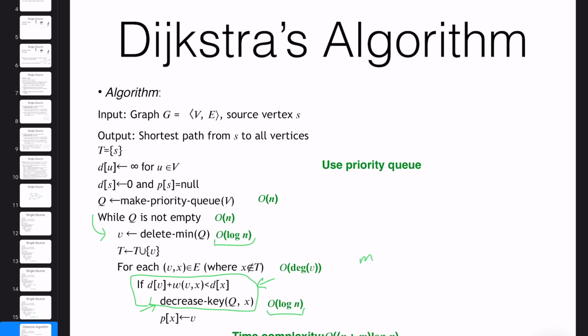And basically because the whole thing is inside this loop of n, the total time complexity is going to be (n plus m) log of n, which can basically be written as m log n, because usually m is bigger, right?